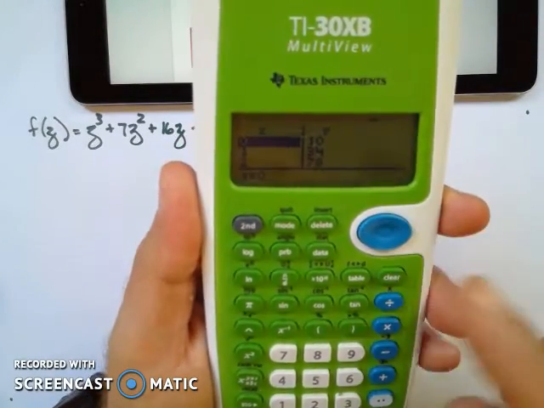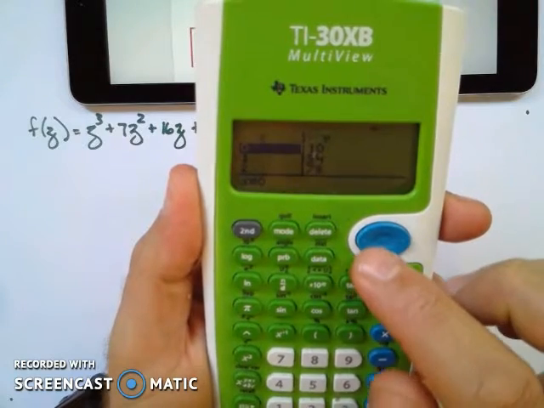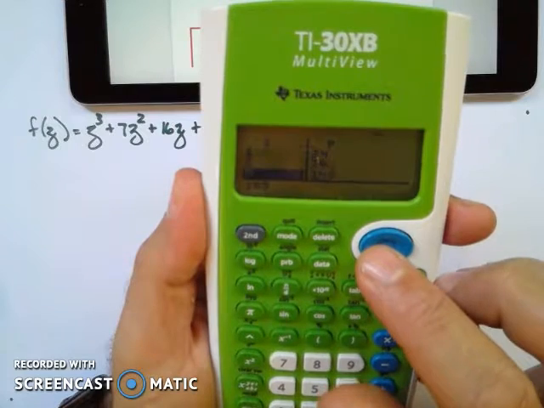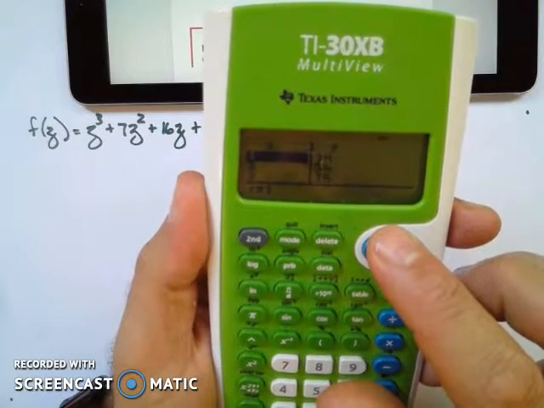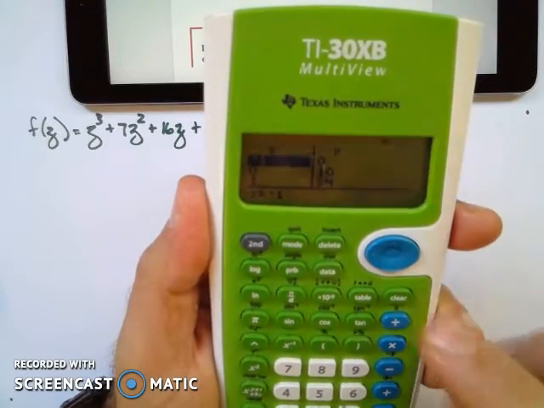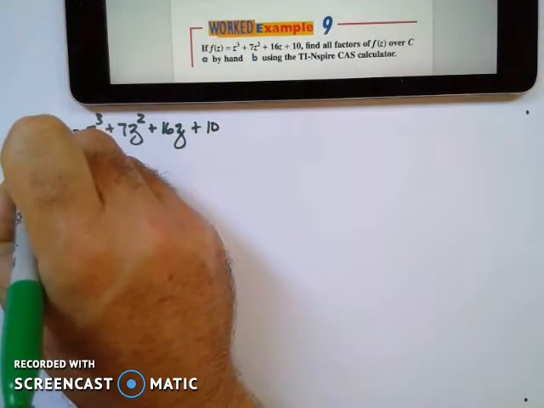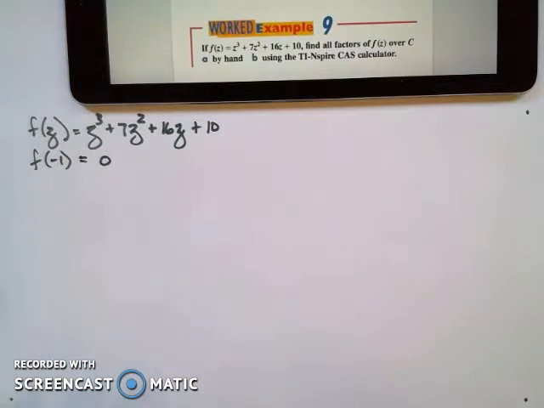What I have is a list: when x is 0, y is 10, when x is 1, y is 34, and I'm looking for a value where y is 0. I see it's going up and up and up, which means I have to go in the opposite direction. When x is -1, y is 0. So that's my answer, which means f(-1) equals 0.